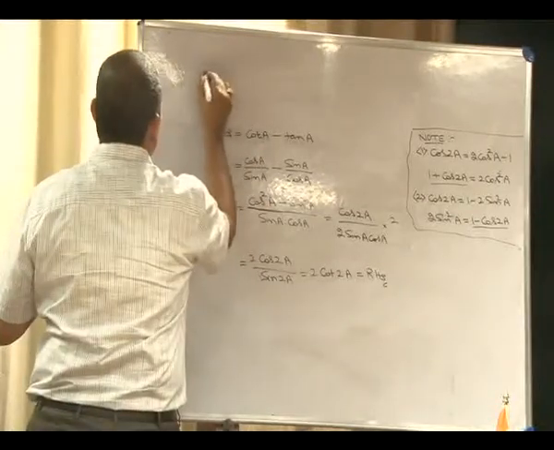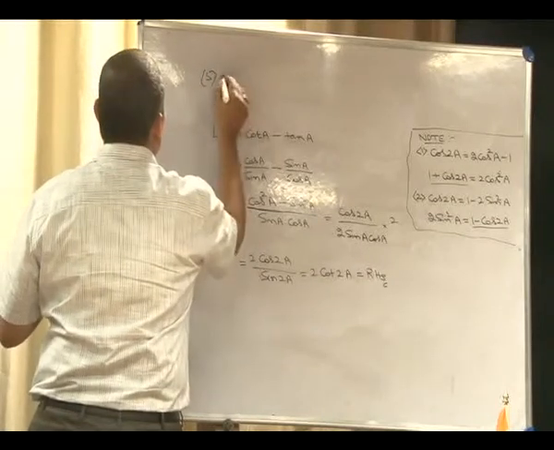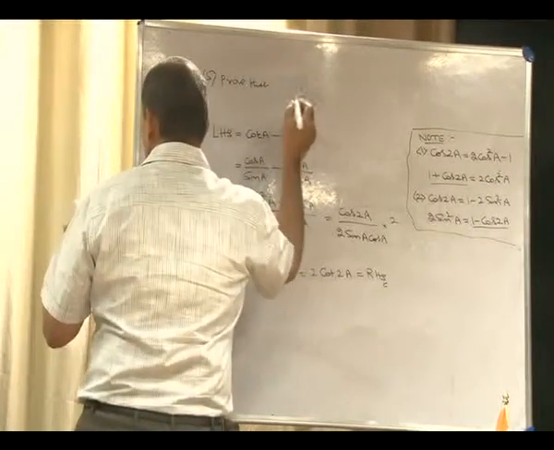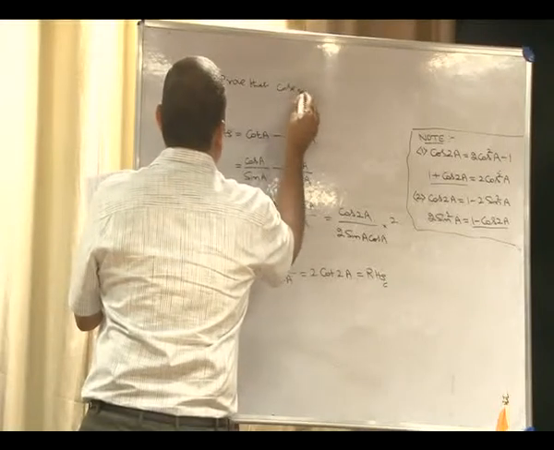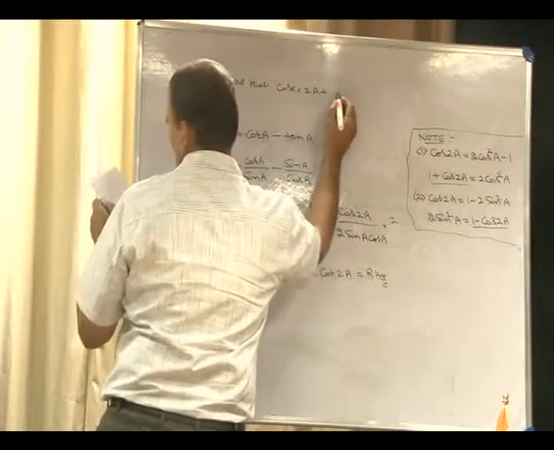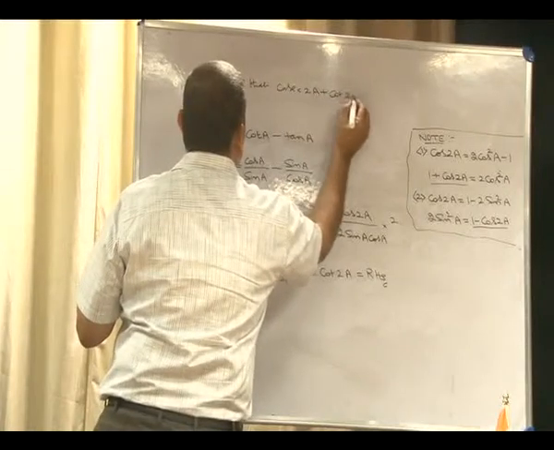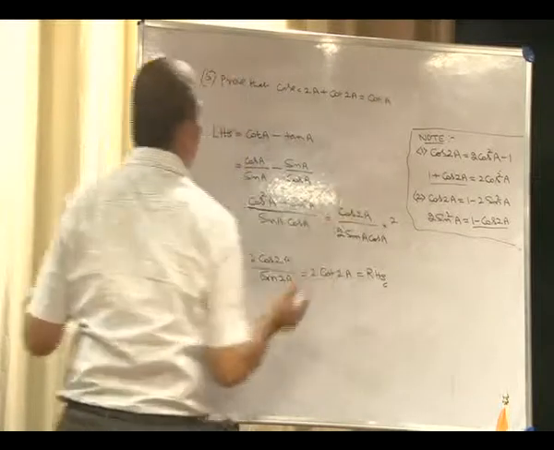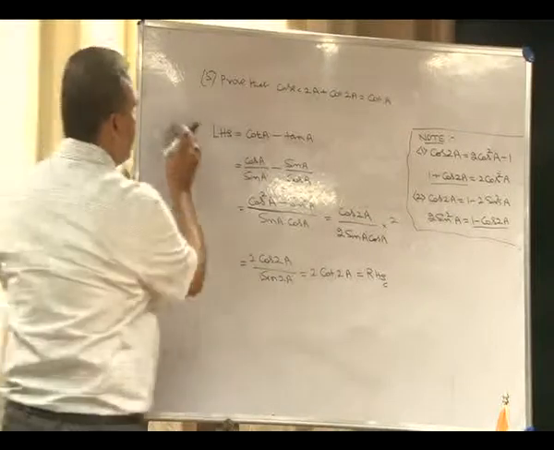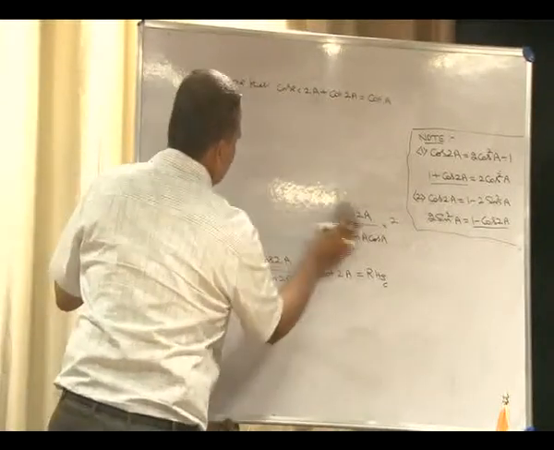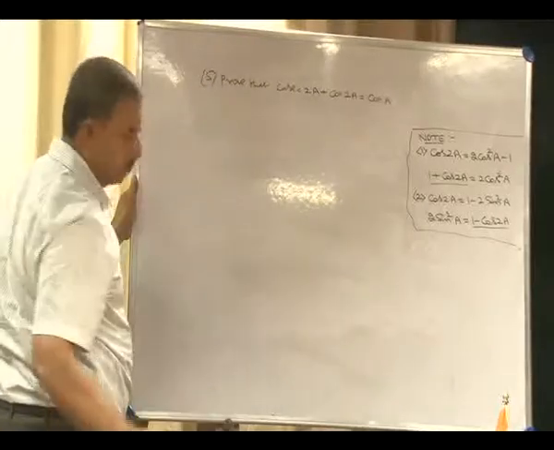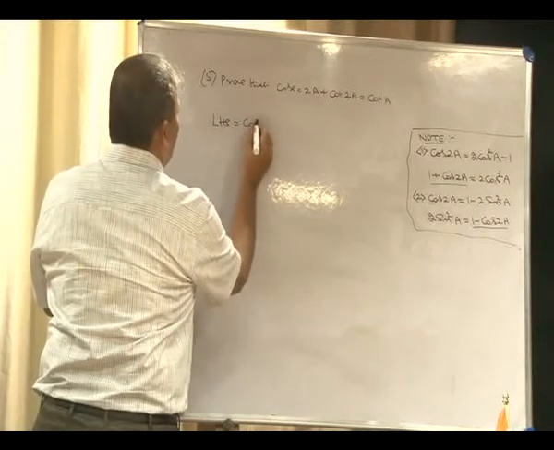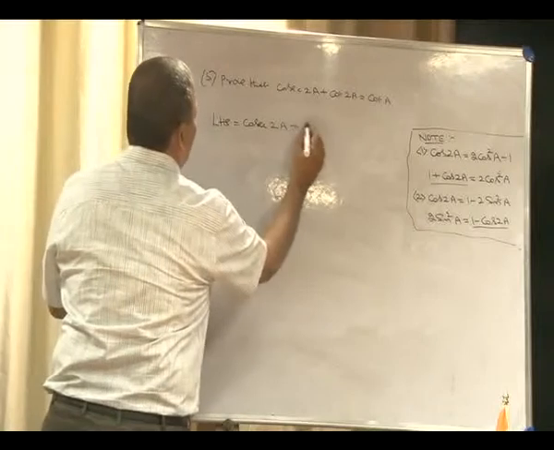Next problem. Prove that cosecant 2A plus cot 2A equal to cot A. LHS equal to cosecant 2A plus cot 2A.